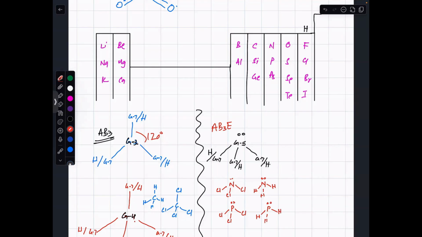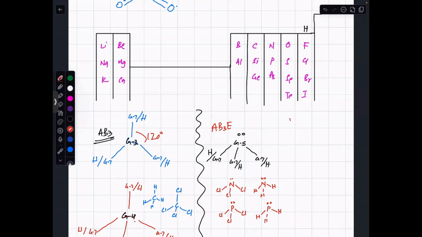AB3E. Look, AB3, no lone pair. This with 4, no lone pair. Now, when group 5 is making 3 bonds, it will have 1 lone pair.